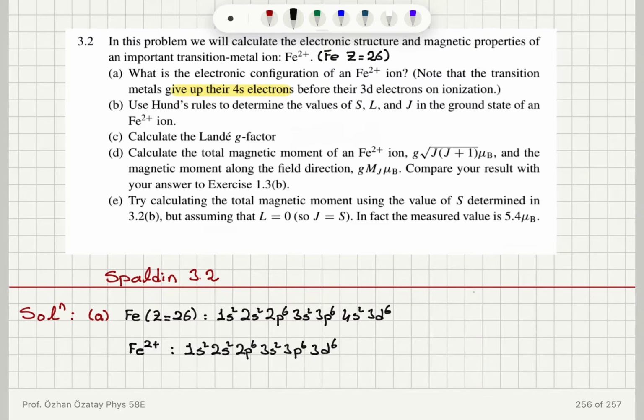So this will be the result because 4s electrons are lost in the ionization process.